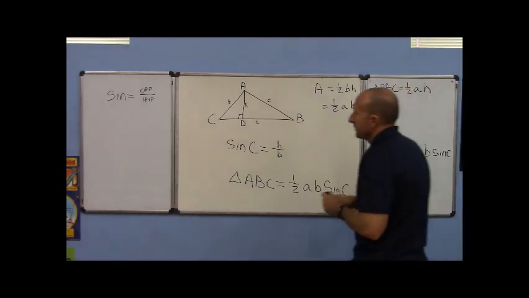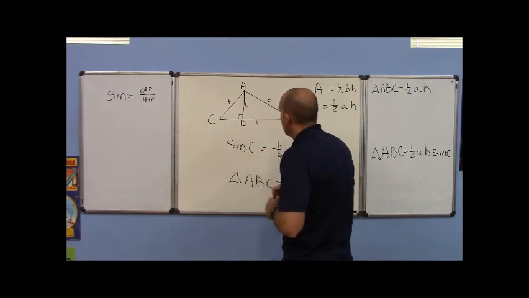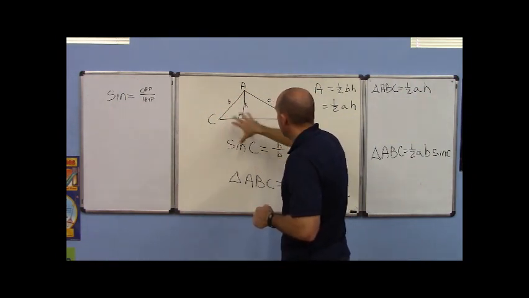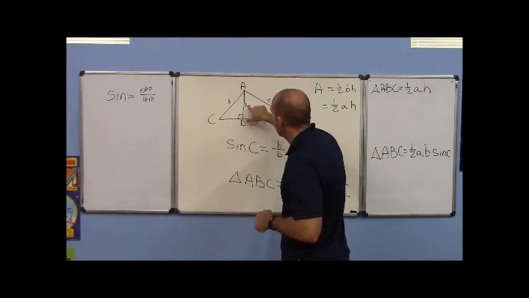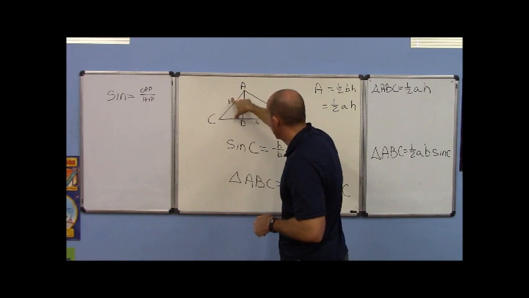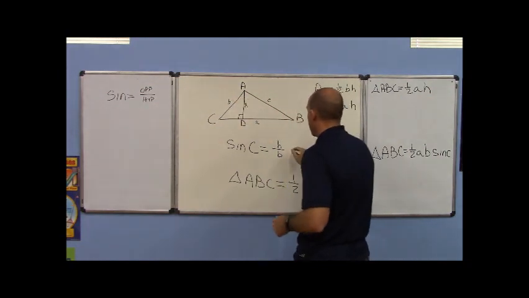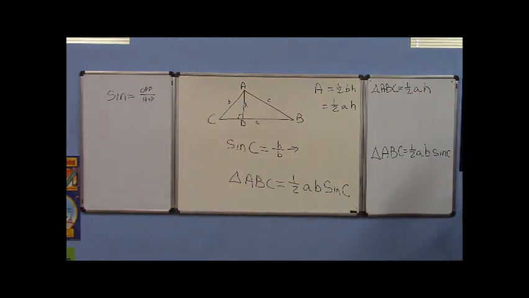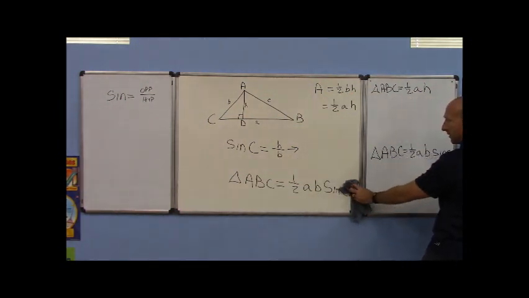So let's look at this. We know that the sine of C is the height, which is the opposite side, over the hypotenuse. Okay, so from here, I'm going to erase this bottom part here since we rewrote it up here.